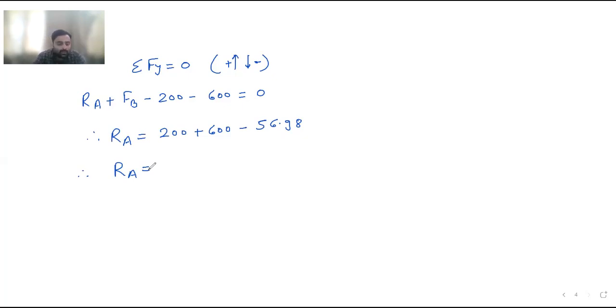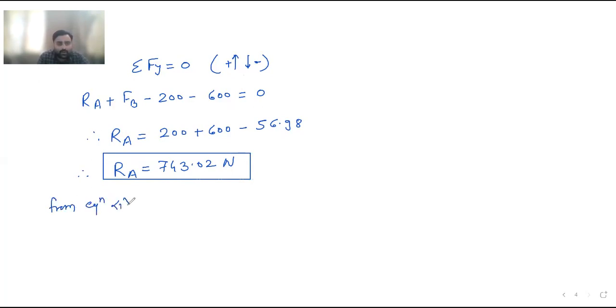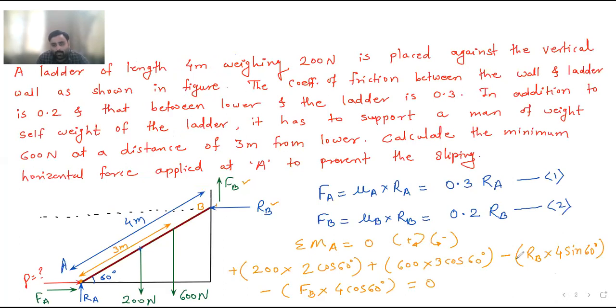743.02. This is the value of this RA. Okay. Now after RA, we can calculate FA also. So from equation 1, we can write directly now. FA is equal to, what was our equation 1? FA equal to 0.3 RA.